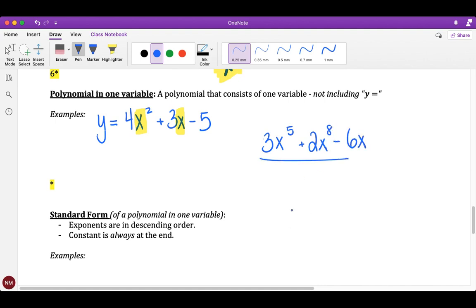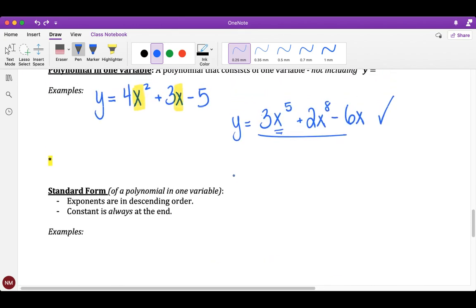And we're going to learn now what standard form is and how this is not in standard form. However, it is still a polynomial in one variable. So you don't have to deal with all the x, y, z nonsense. It's only going to be with one variable. And if it's y equals, this is still a polynomial in one variable because the y equals does not count in that definition.